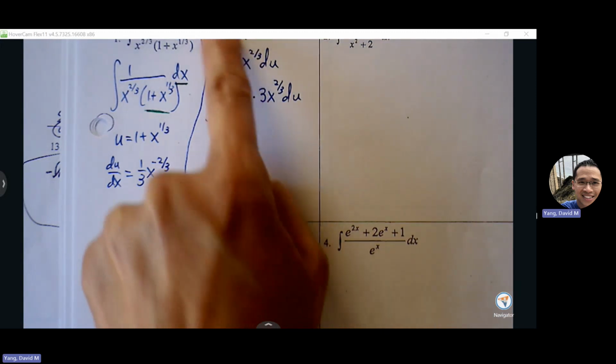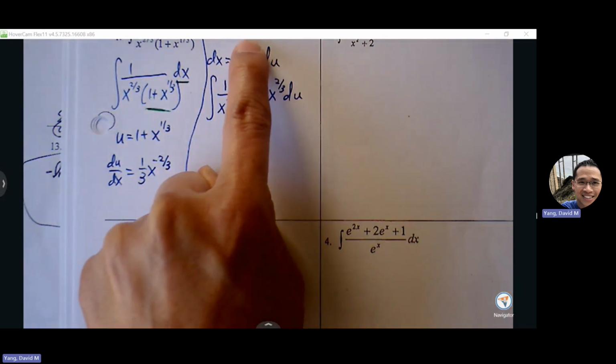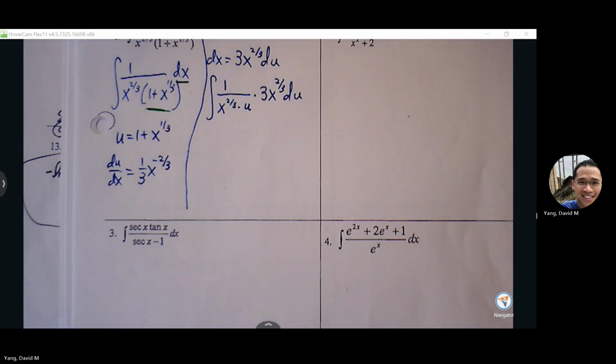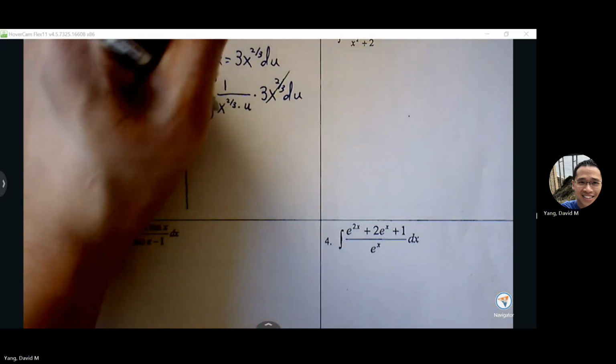It's 1/3 times 1 times x to the 2/3, and I just merged it together to be one fraction. Then you cancel the x to the 2/3.